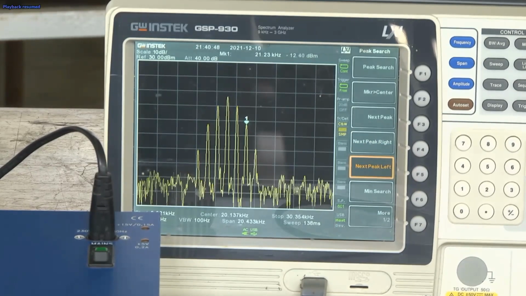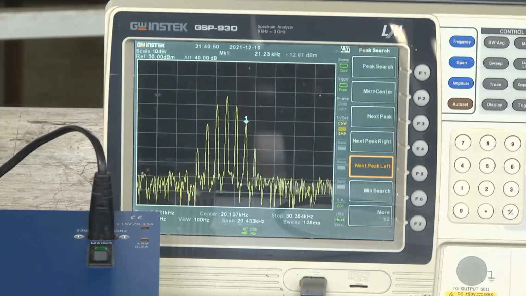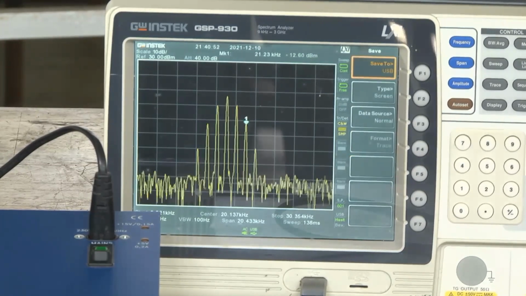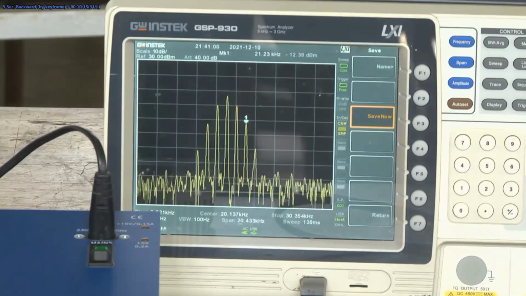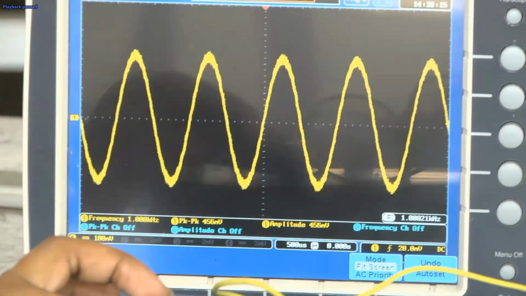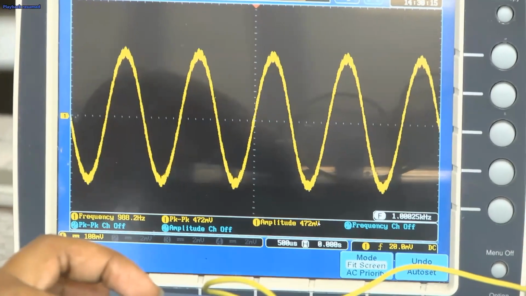Okay, I hope all of you have noted down these values. So now I am saving the waveform. Okay, now I am changing the amplitude value to 0.5. It's 500 millivolts.